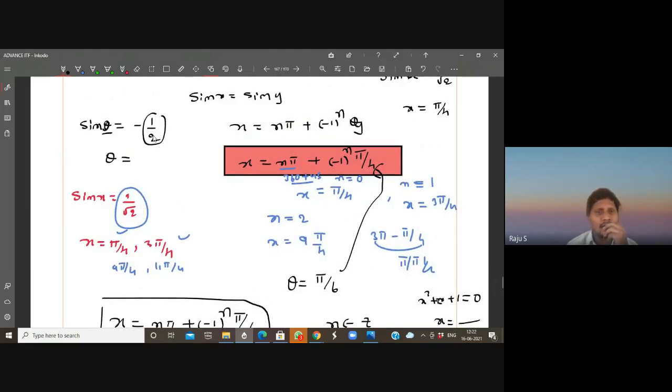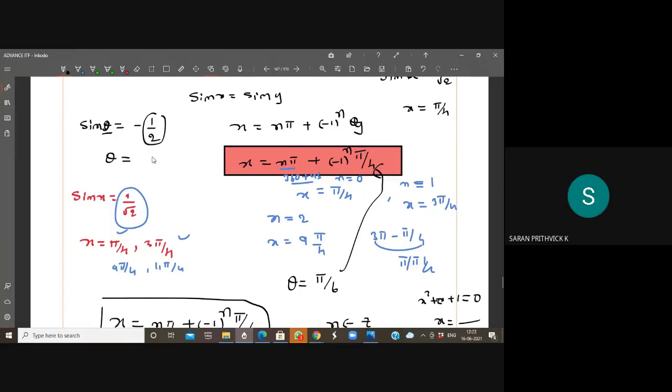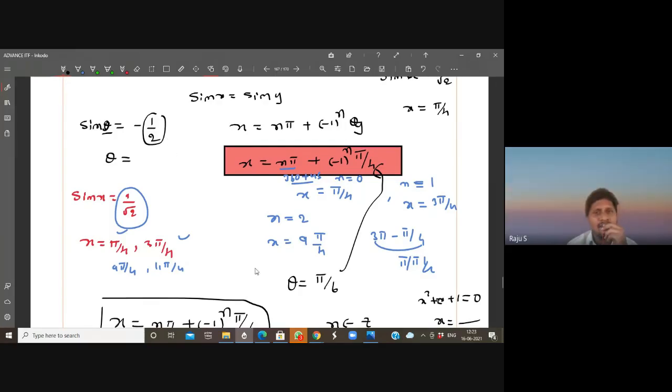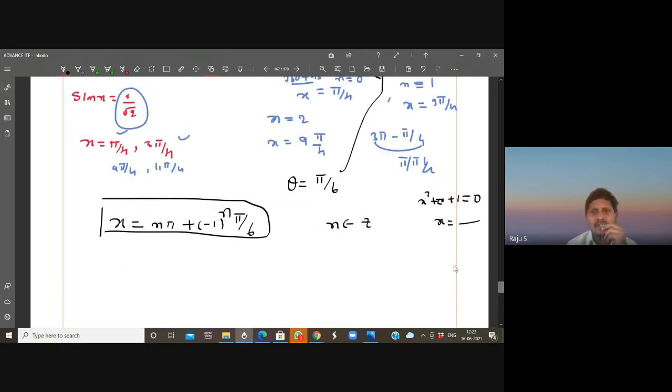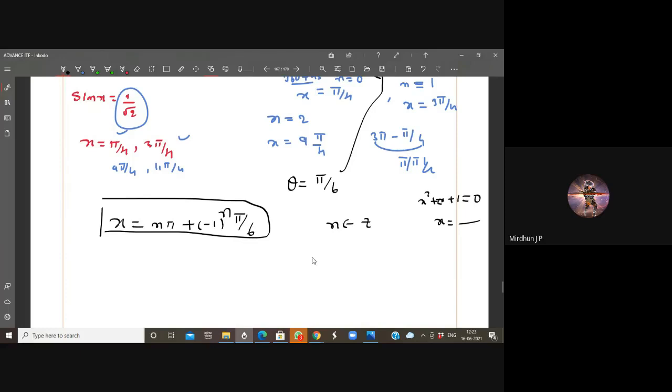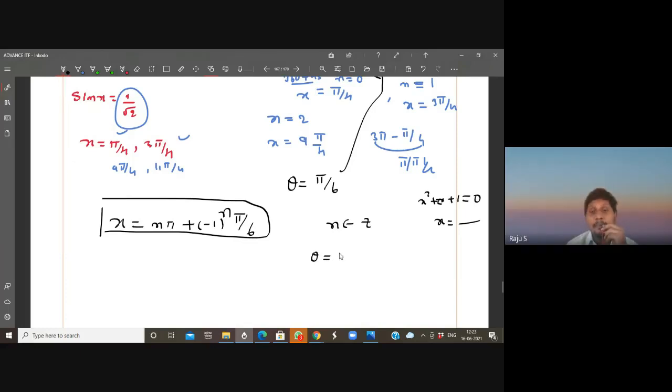Sine theta is negative in third and fourth. What is the theta value in the third quadrant? For what value of theta is it minus 1 by 2? You said that in the first quadrant, how do we find it by shortcut method in the third quadrant? Pi plus theta, exactly. You can add 180.